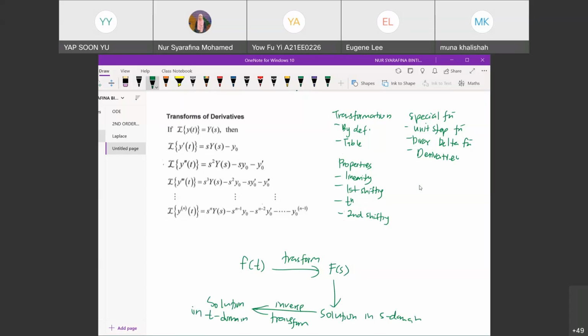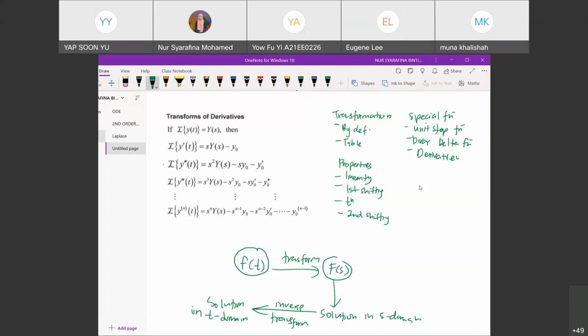What we have learned just now is from f(t) to F(s). There are many types of function that we have learned: constant, t to the power of n, sine, cosine, cosh, sinh. We also have piecewise functions, and then we learned the properties.